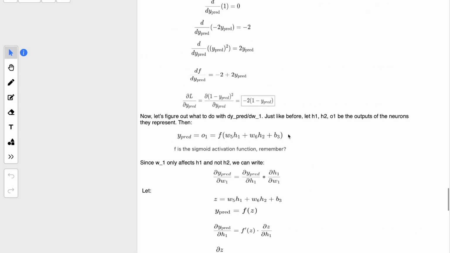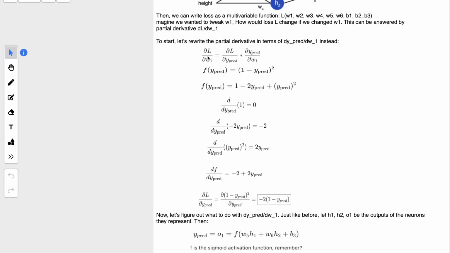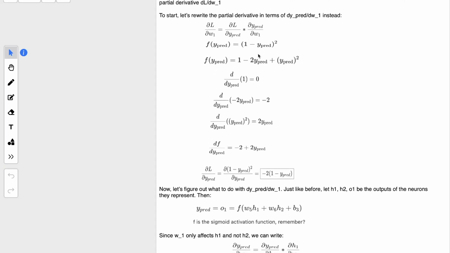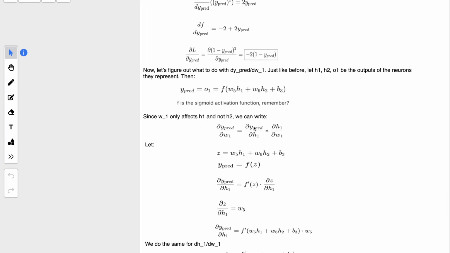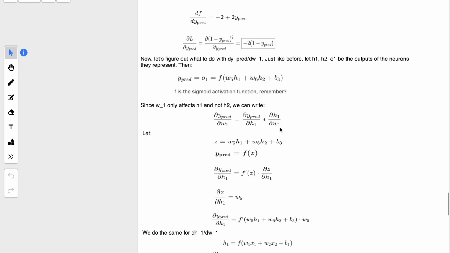I'll just repeat it again. So first we initially divided our loss into two terms because our prediction is depending on h1, and h1 is depending on w1, so that is why we divided into two terms. We first calculated delta L by delta ypred, which we have here. Then as our y prediction is not directly depending on w1, it's depending on h1, and h1 is depending on w1, we again divided it into two terms, which is written here.